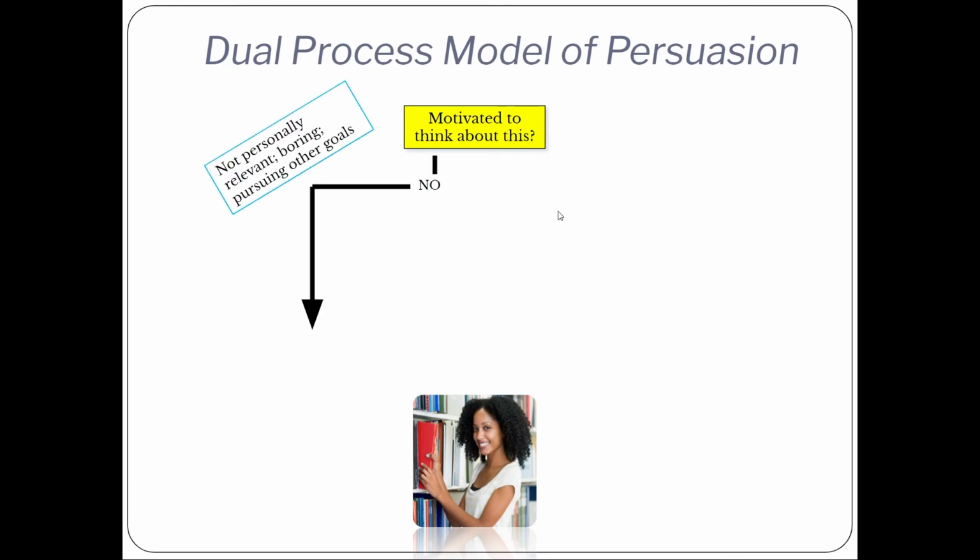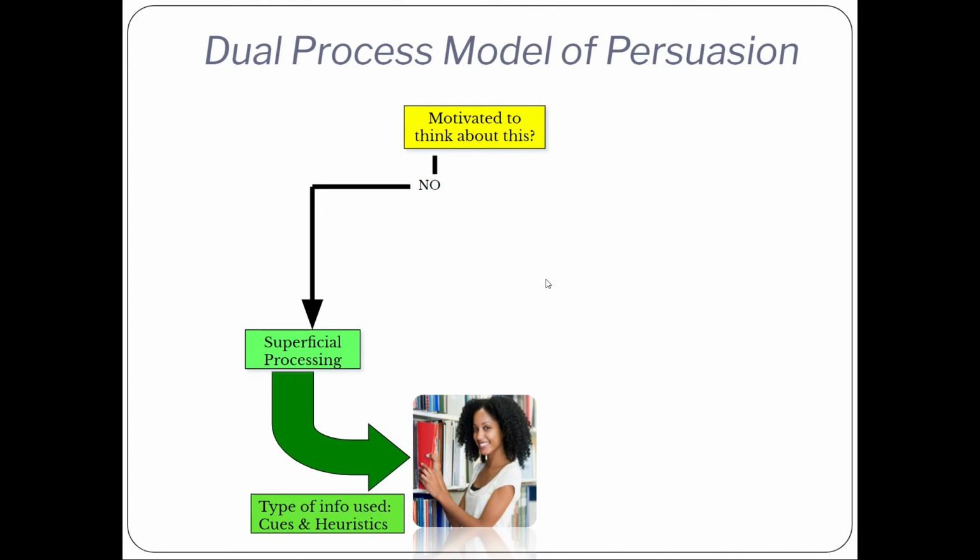And if she's not motivated to think about it, for example, because it's not personally relevant to her, she finds the topic boring, or she's pursuing other goals and doesn't want to think about this, then we would know she would process our message more superficially.